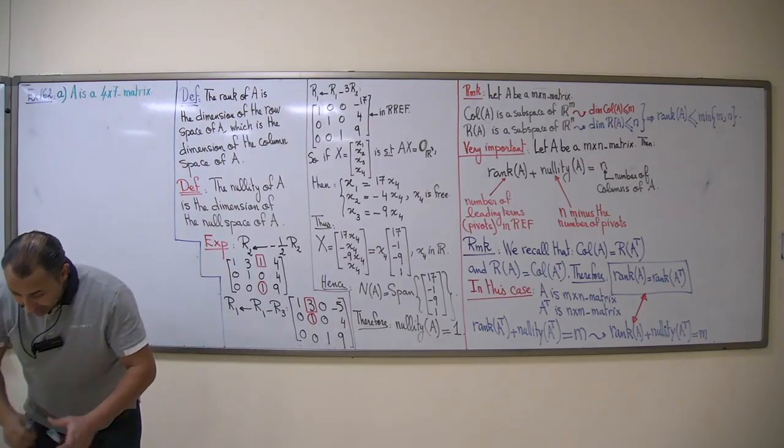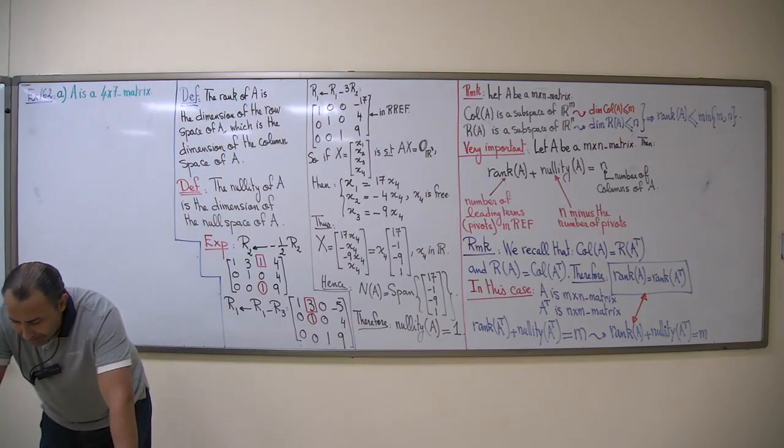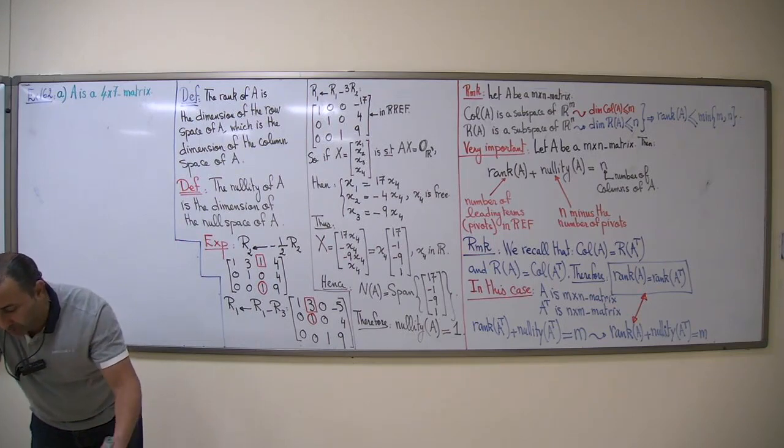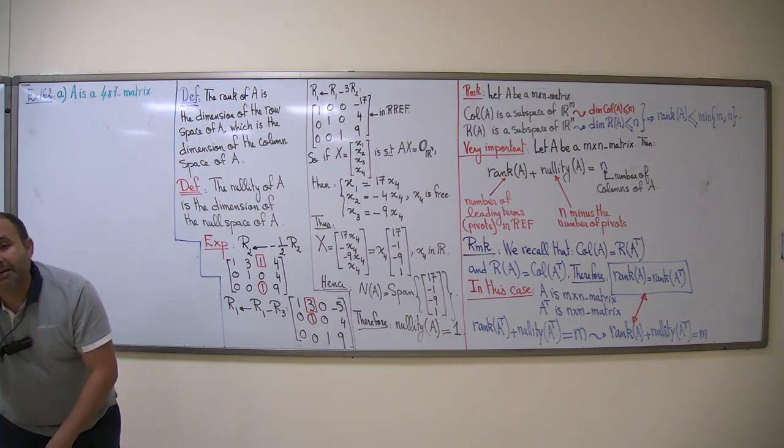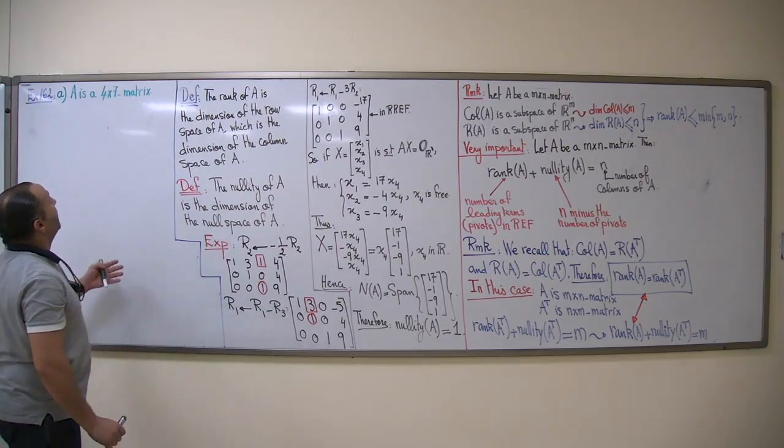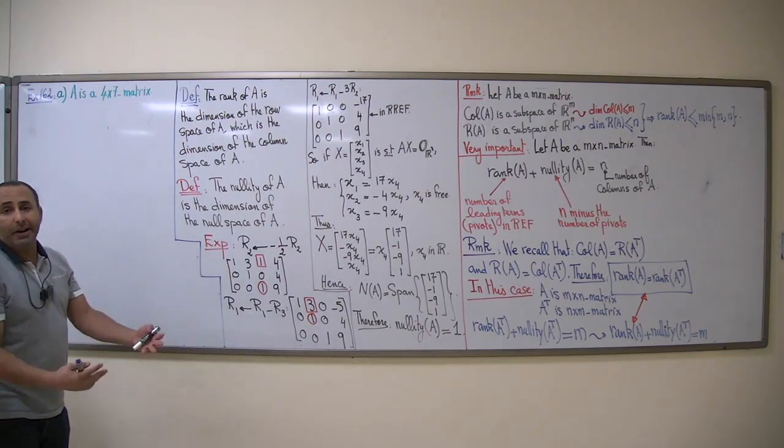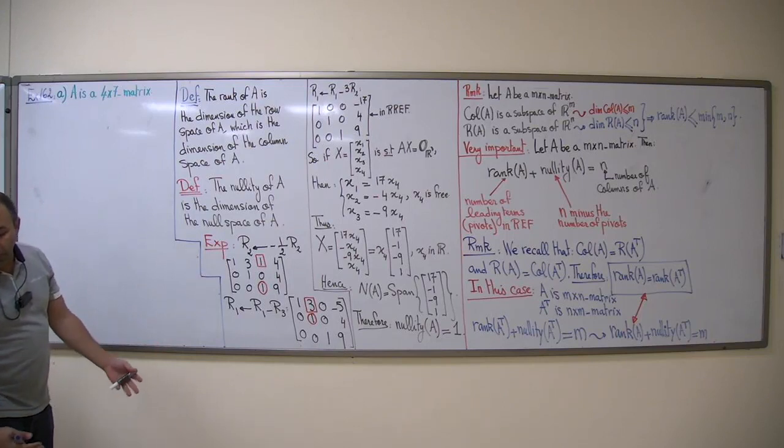First question, what is the maximum possible number of leading terms, that means pivots, in the reduced row echelon form of A?